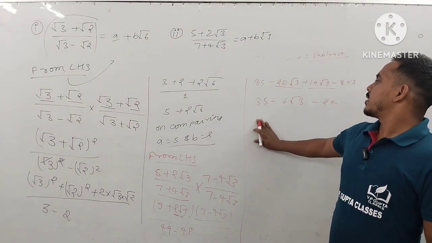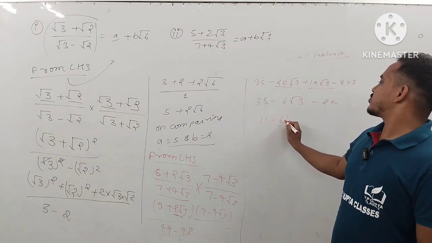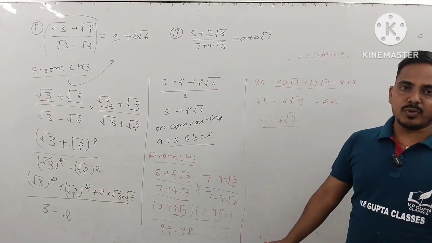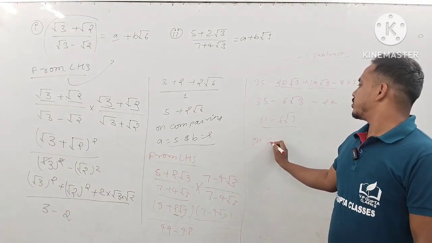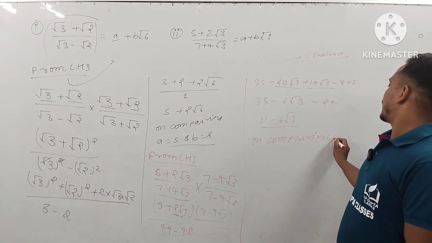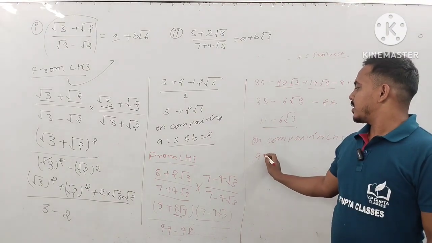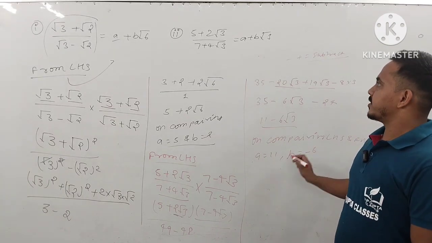that means 35 minus 24, that is 11 minus 6 root 3, and this is the form of a plus b root 3. Then on comparing LHS and RHS, we can say A is equal to 11 and B is equal to minus 6.